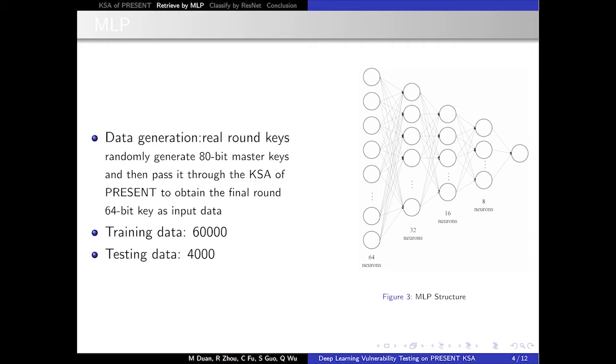The input layer contains 64 neurons, and the output layer is 1 neuron. It has 3 hidden layers. Through our tests, 30,000 training data and 4,000 testing data is enough to get a good result.